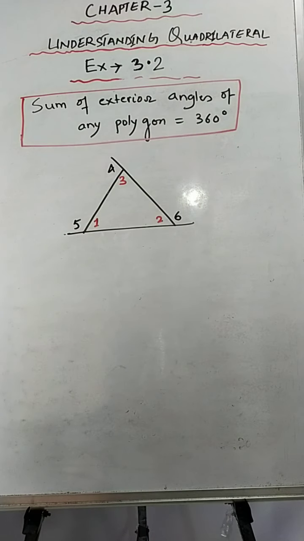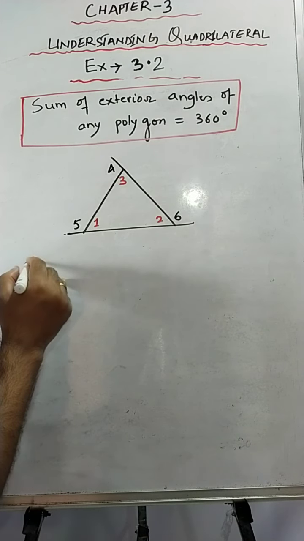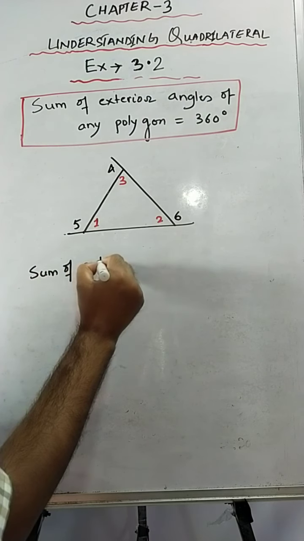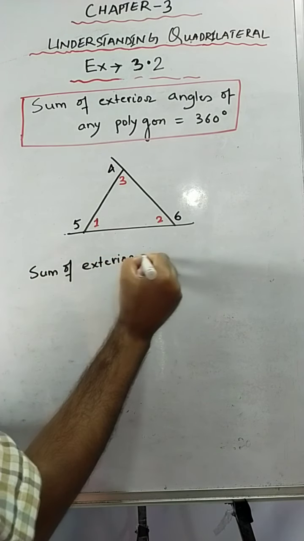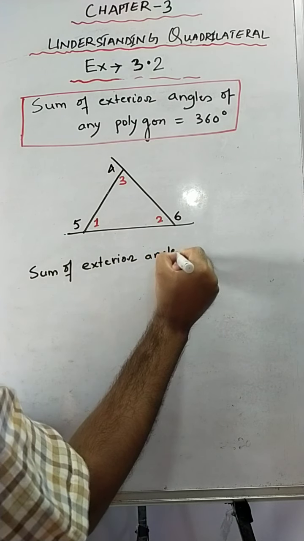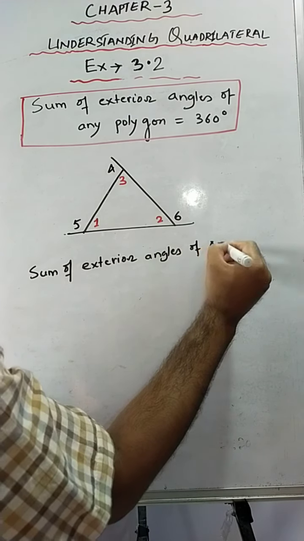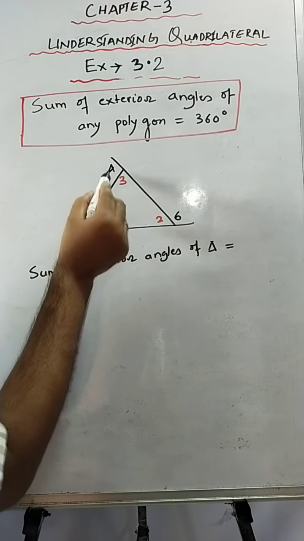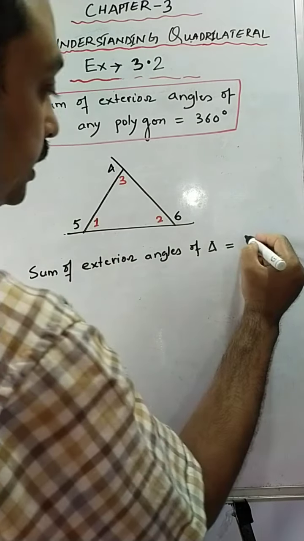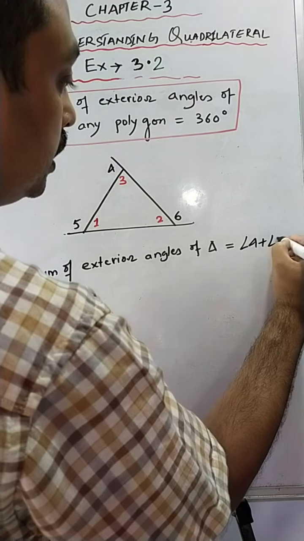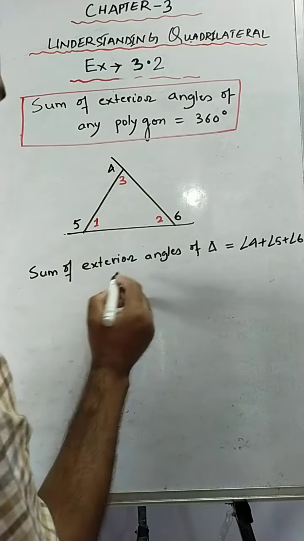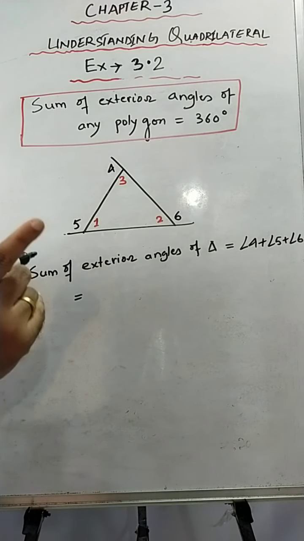Now, the sum of exterior angles of a triangle, because we are doing it on a triangle. So what are the exterior angles we have? 4, 5 and 6. So we'll write it down: angle 4 plus angle 5 plus angle 6. Okay. Now in place of 4, please see very carefully.